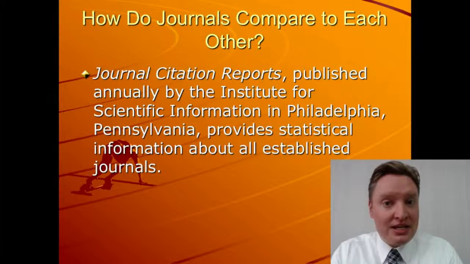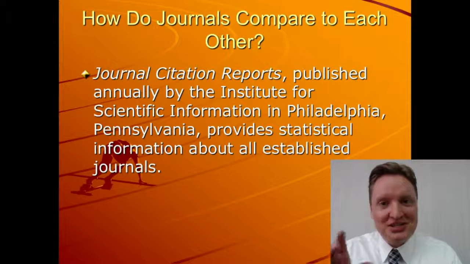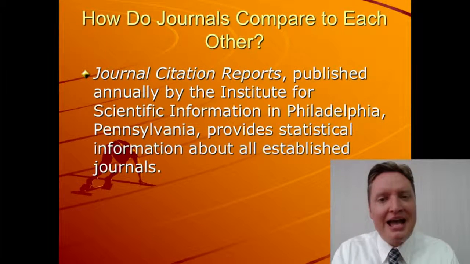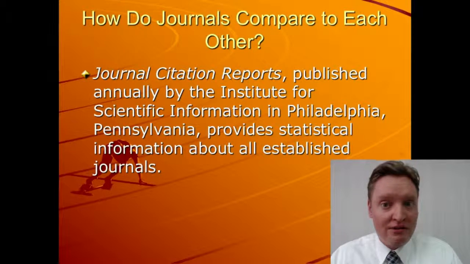It is in Pennsylvania, and every year they add journals to the SCI list or remove journals from the SCI list. They basically maintain and own the SCI list. You can visit their website and see a full list of all of the SCI, SSCI journals.